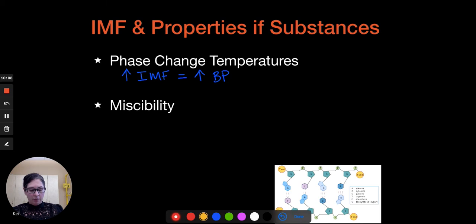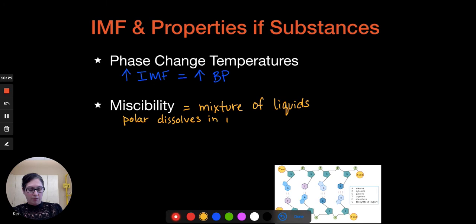And so miscibility is the mixture of liquids. So polar dissolves in polar and vice versa, or like dissolves like. Okay, so that's the other way you can think about that.